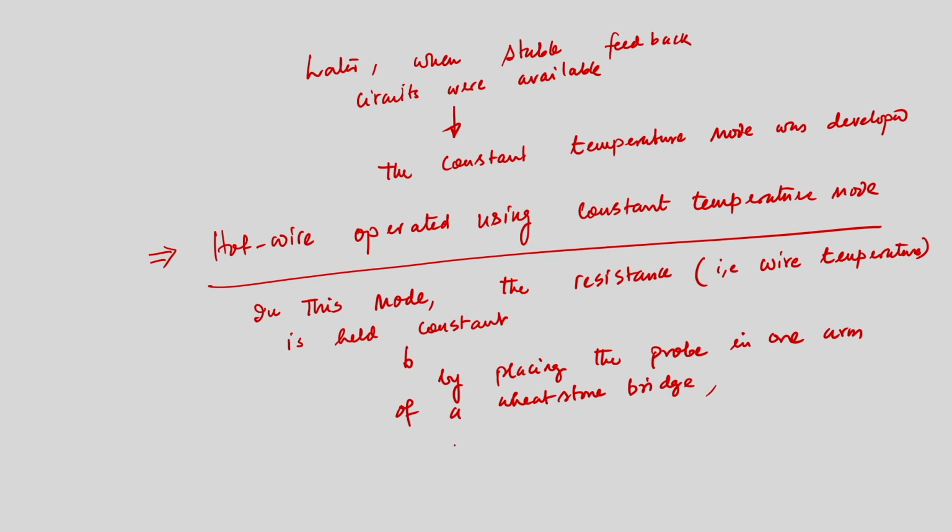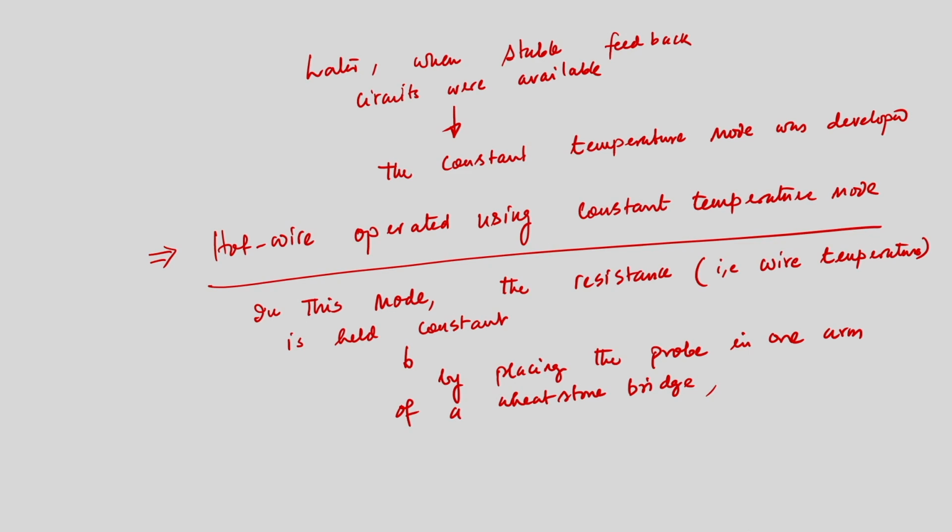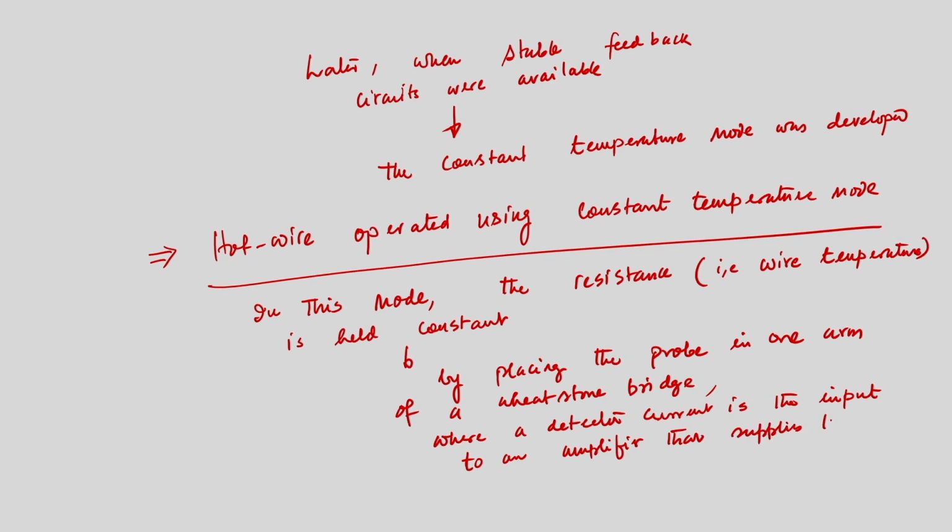The objective is to maintain a constant temperature of the air, by placing the probe in one arm of a Wheatstone bridge, where the detector current is the input to an amplifier that supplies the bridge voltage.